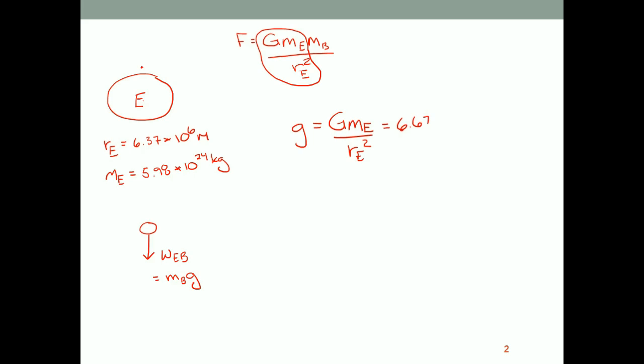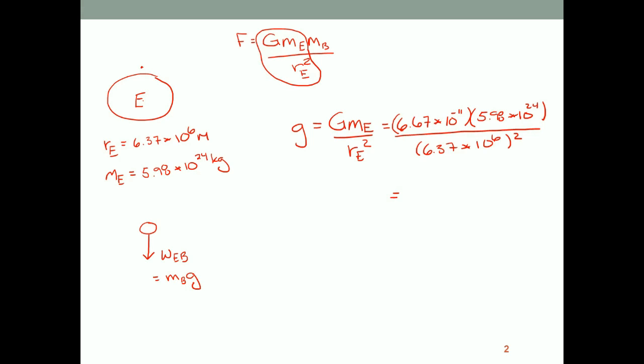Big G is 6.67 times 10 to the minus 11 Newton meters squared per kilogram squared. The mass of the Earth is 5.98 times 10 to the 24th kilograms. We just looked that up. And the radius of the Earth is 6.37 times 10 to the 6th meters, squared in the formula.